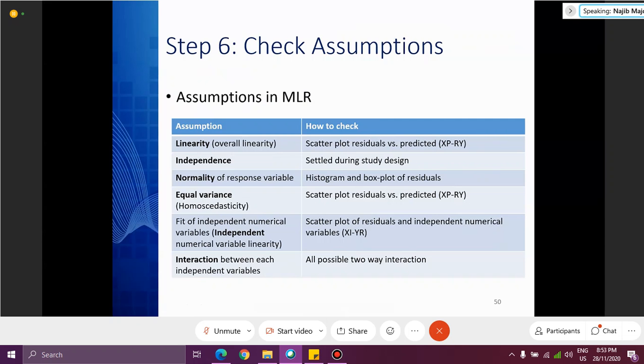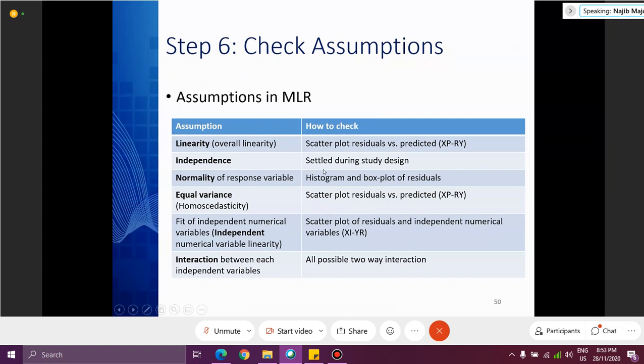Or you can also check the assumption of linearity based on the scatter plot of residual. Here, if you plot residual versus predicted values in a scatter plot, you can examine the assumption of linearity.